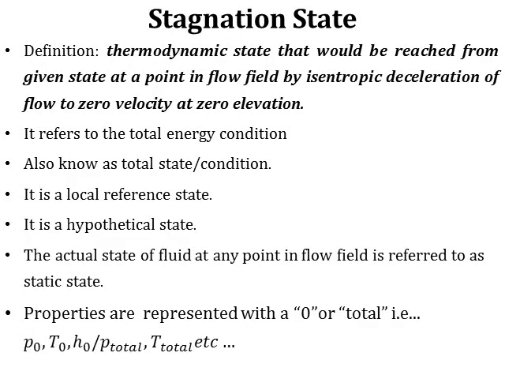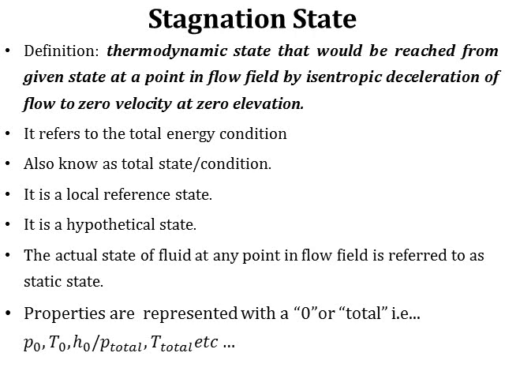Moving on to our second reference state, that is the stagnation state. It is the thermodynamic state that would be reached for a given state of fluid at a particular point by isentropically decelerating the flow at that particular point to zero velocity at zero elevation. It is also referred to as total energy condition.